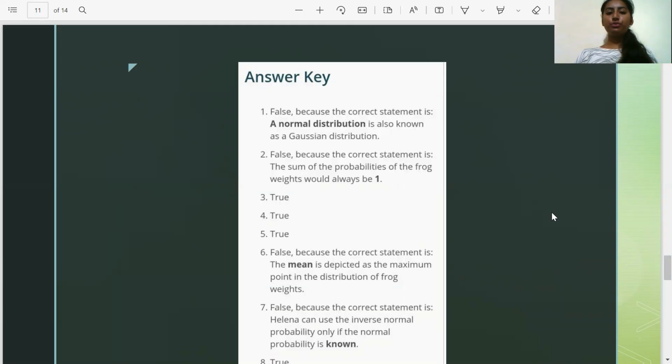True, true, true. False, because the correct statement is the mean is displayed as the maximum point of the distribution of frog weights. False, because the correct statement is Helena can use the inverse normal probability only if the normal probability is known. True.